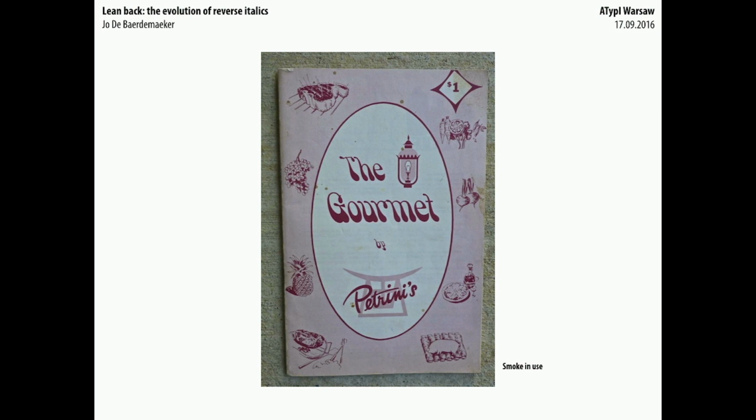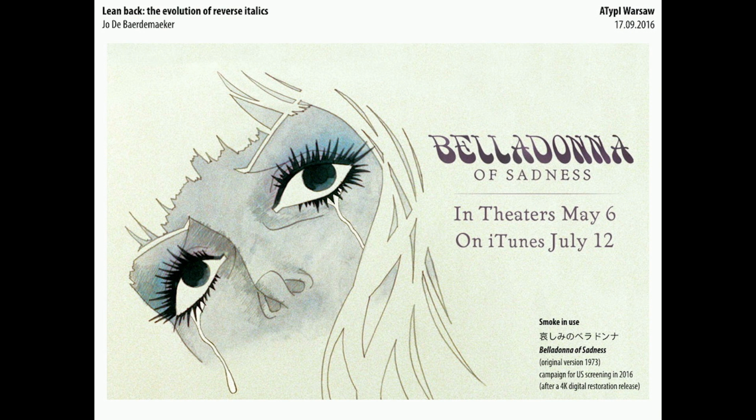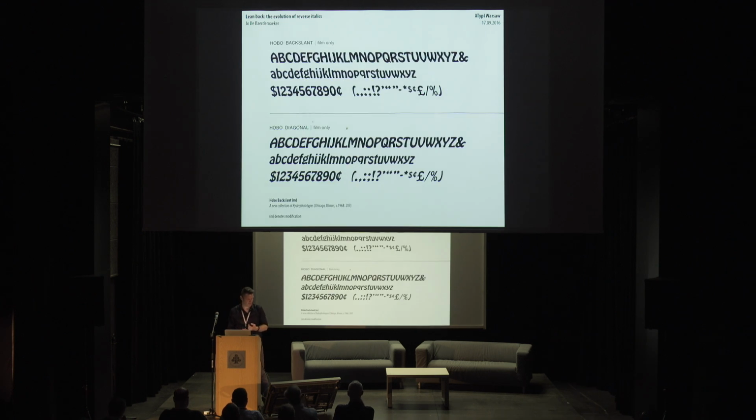Here is a very psychedelic, funky typeface called Smoke, which was in use, for instance, in this specific menu, but more iconically in the logo and the albums of the Doors, like we are in the 60s and 70s, obviously. There's a recent campaign for a rescreening of a film from the 1970s, Belladonna of Sadness, and the new campaign also uses this Smoke typeface to promote the screening of the film.